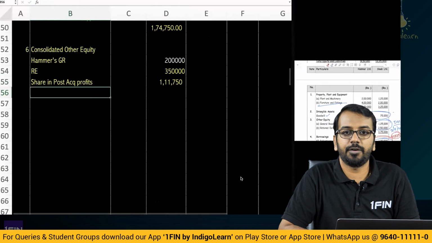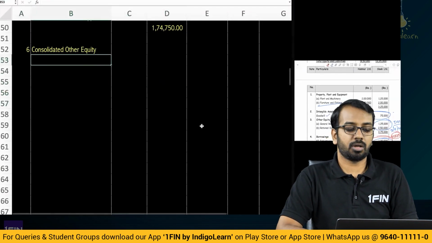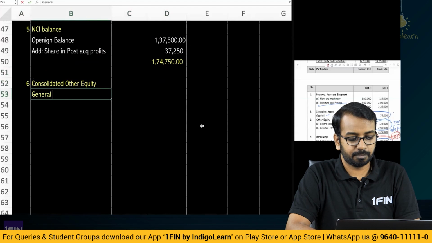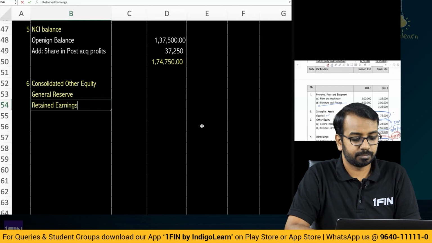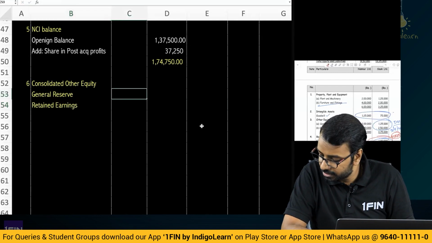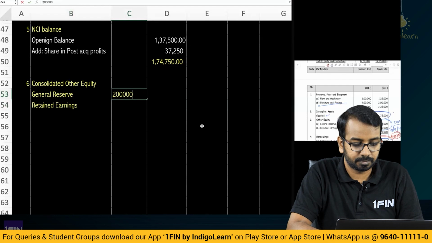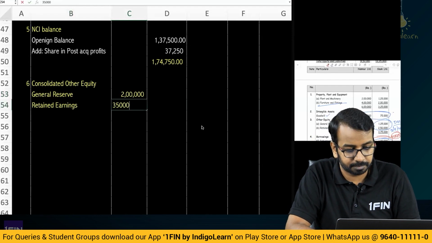So in consolidated other equity, we have general reserve and retained earnings. From the question, general reserve is 2 lakhs, retained earnings is 3,50,000.